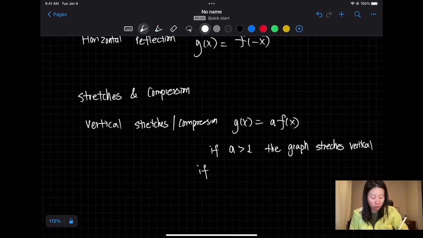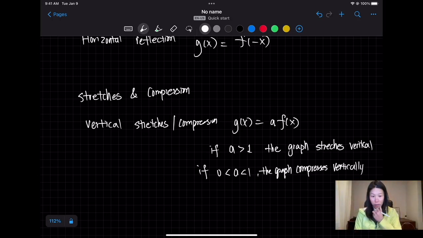And if it's in between 1 and 0, that means it's a fraction less than 1 or a decimal, the graph compresses vertically. Now we're just talking about vertical, because horizontal would be different. Horizontal is when you multiply some number to x, not to the whole function.